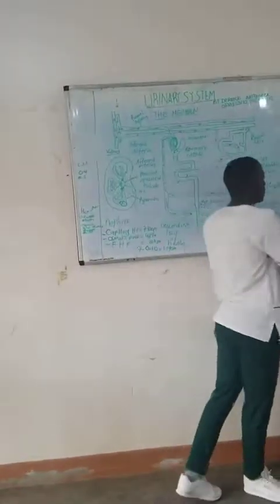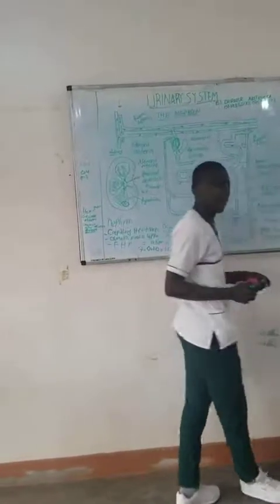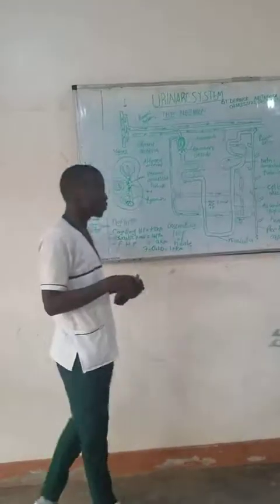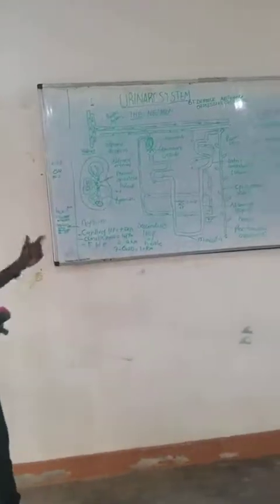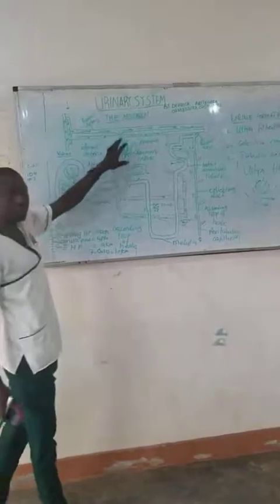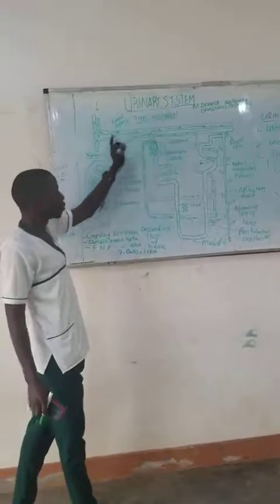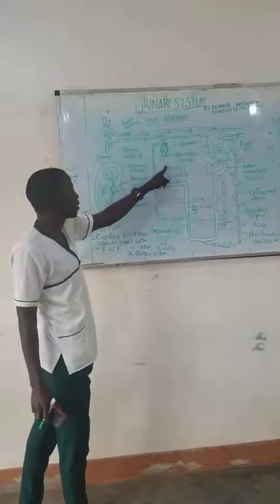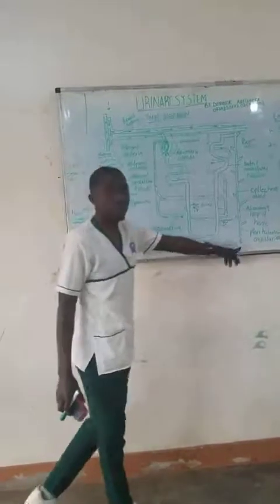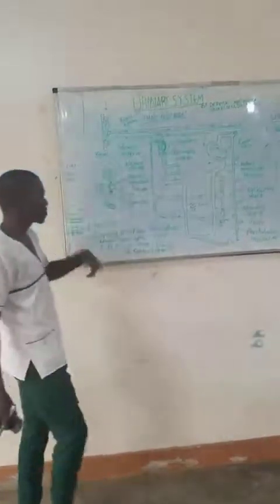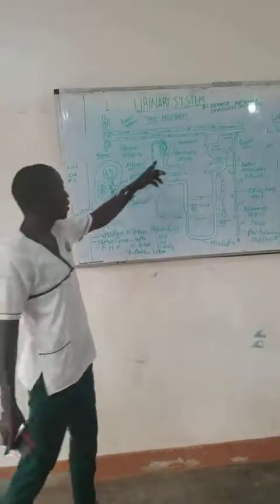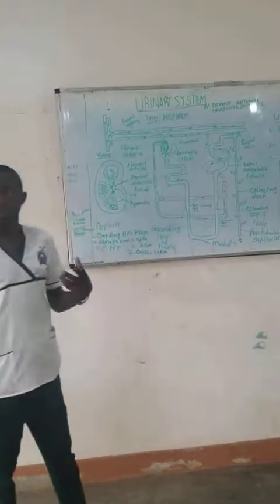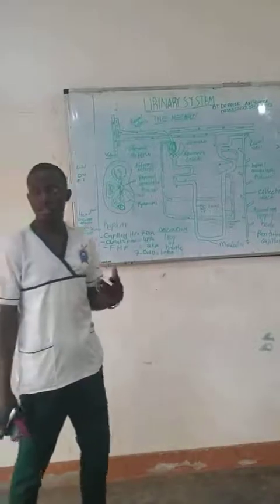Maybe they are of bigger size, or they spend less time at the glomerulus. So once these substances have left this point, they are ready to be expelled out. But again, the body still needs these substances and these ions.